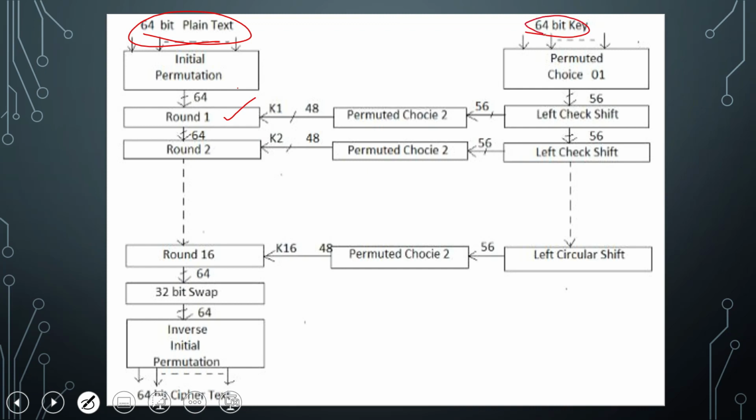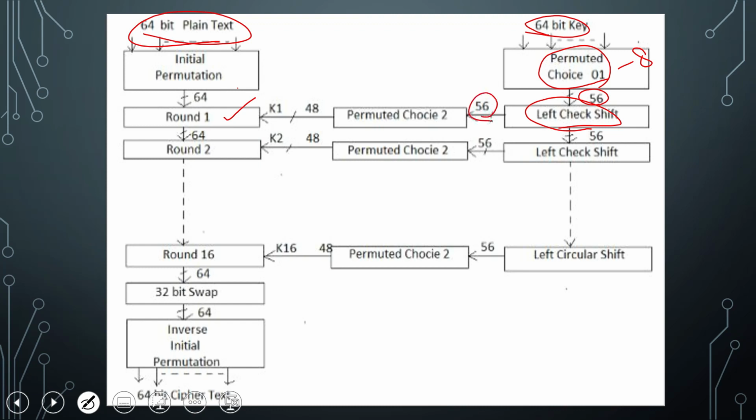Coming to this side, we are passing the 64-bit key to the permuted choice. Permuted choice means we have to do the operation as minus 8 bits. So after decreasing the 8 bits, we will get 56 bits. Then next the left shift will be done. After the left circular shift is done, we will pass again 56 bits.